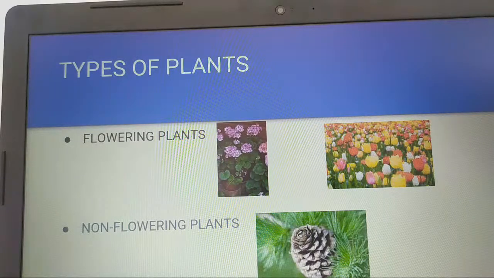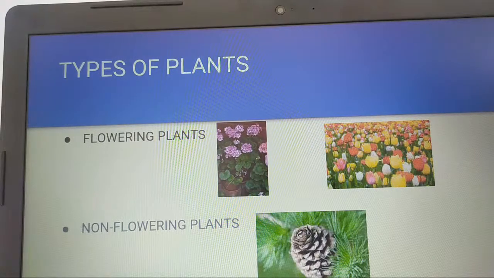So now I'm sure that you are aware of these two types of plants. Okay, I'll repeat it once again. There are two types of plants, the flowering plants and the non-flowering plants. Flowering plants are those plants that produce flowers and fruits. They are also known as angiosperms.